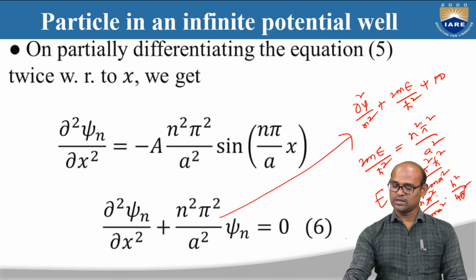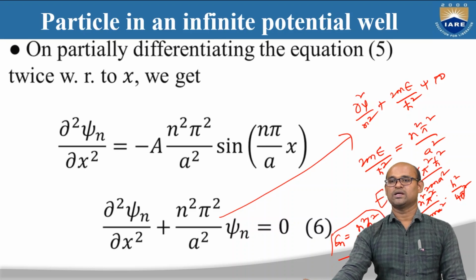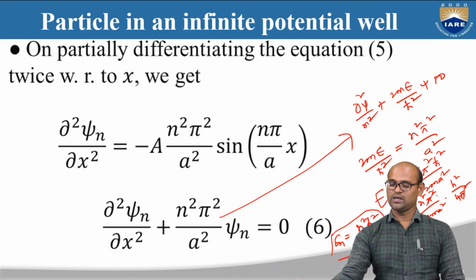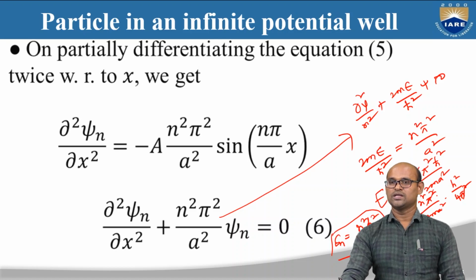What I find is n²h²/(4 × 2ma²), which is n²h²/8ma². These are the energies of a particle in different energy levels. n is the index of the energy level, so n can be 1, 2, 3, and so on.